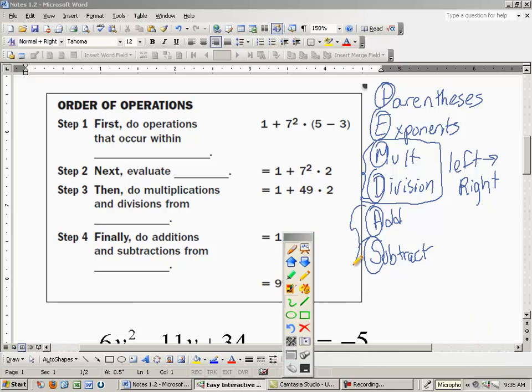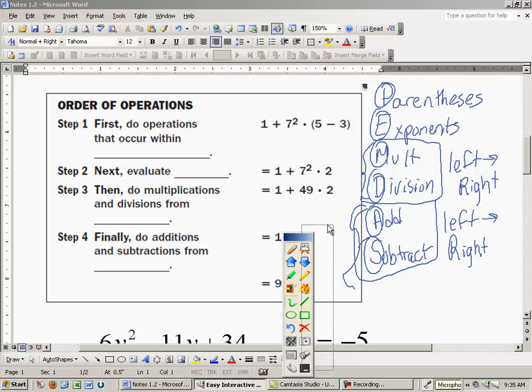Same thing is true for addition and subtraction. If you're operating under the impression that please excuse my dear Aunt Sally works all the time, then you would be tempted to do adds before subtracts, and that is not necessarily the case. Once again, additions and subtractions are on the same level, if you will, in terms of our hierarchy, so we work those as they appear from left to right.